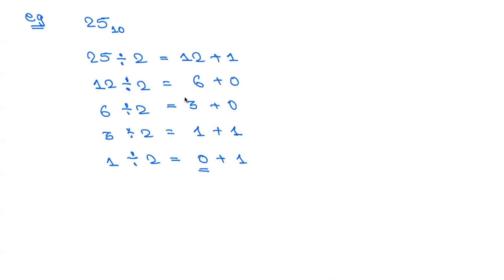Right? Now, we got the number. These are the remainders. Write them in the reverse order. That means reverse means 1, 1, 0, 0, 1.